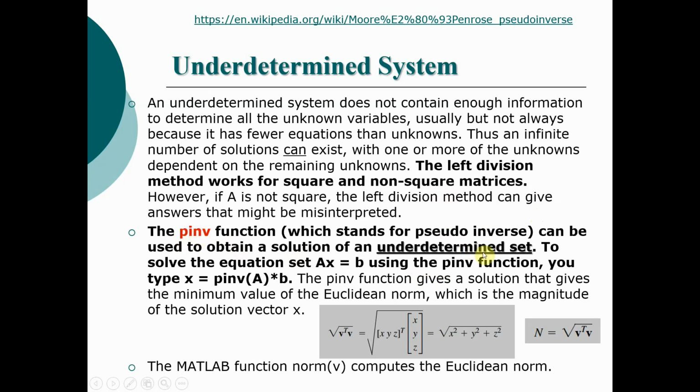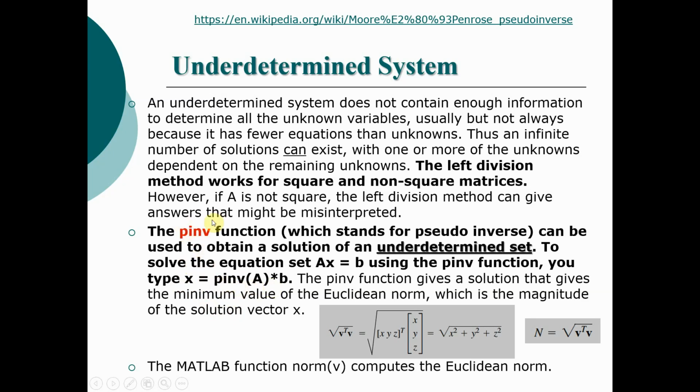So for an underdetermined set, we can use the pseudo inverse to find one of the solutions of the system, using the pseudo inverse multiplied by b.